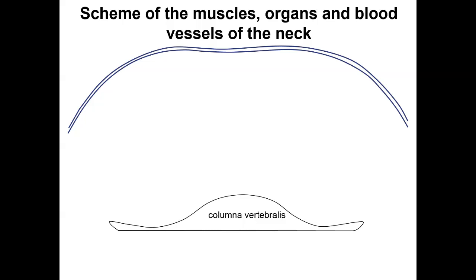That means we again use the position of a person who lies on the back, and we are watching this section from the legs. So this is the deepest, this is the most superficial structures.